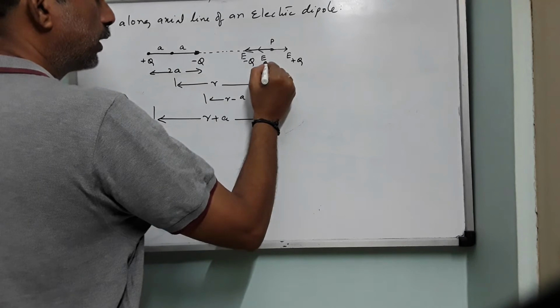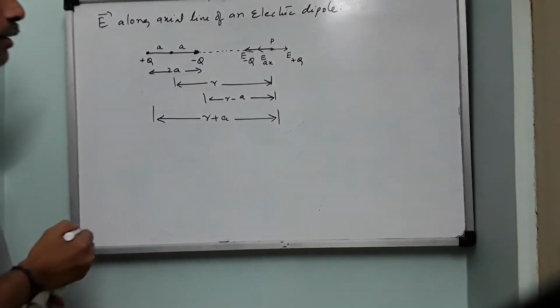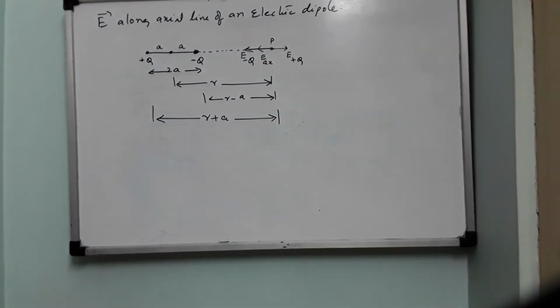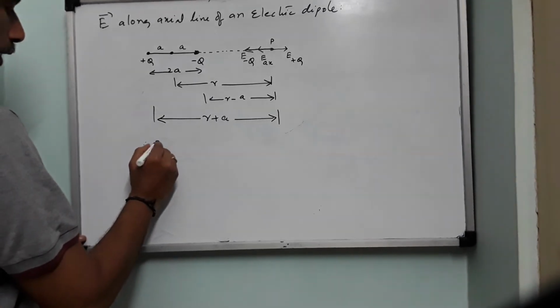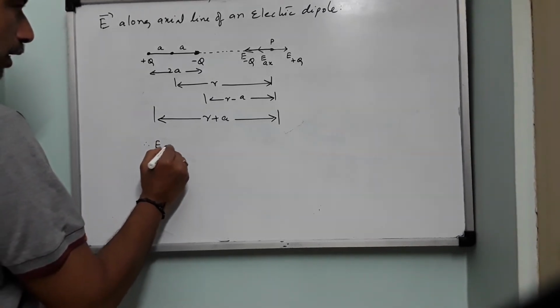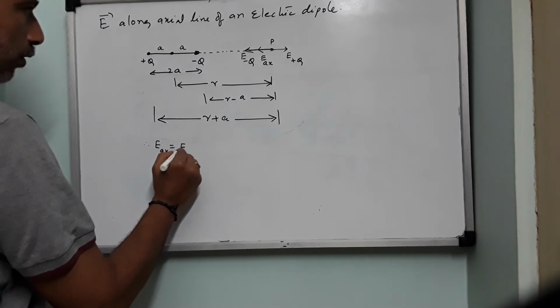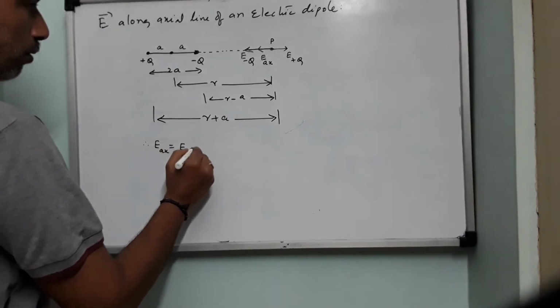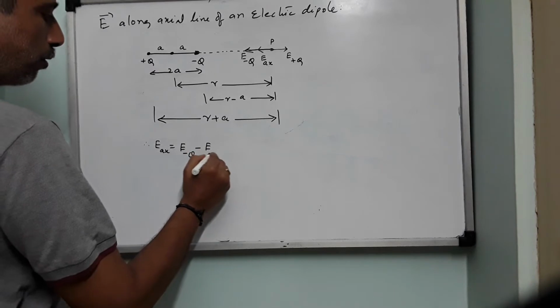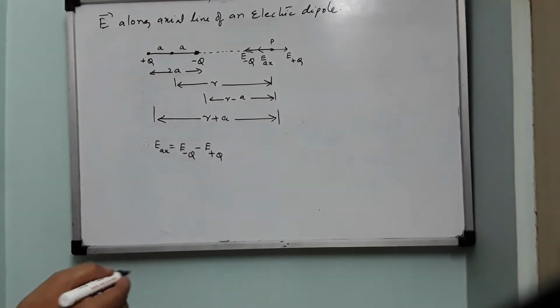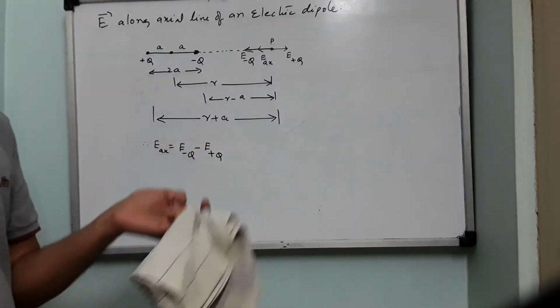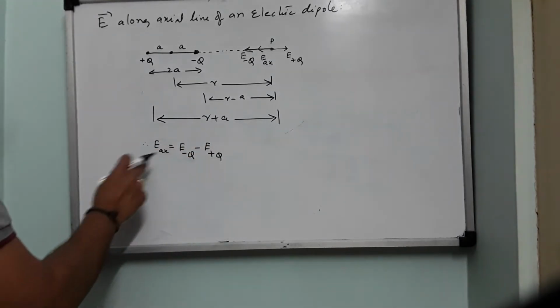This I call E_AX. AX stands for axial. So E axial equals E due to minus q minus E due to plus q. Now using the vector laws, because they are in the opposite direction, I can subtract them directly.